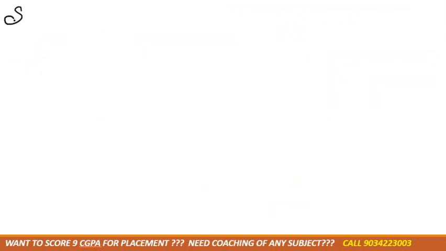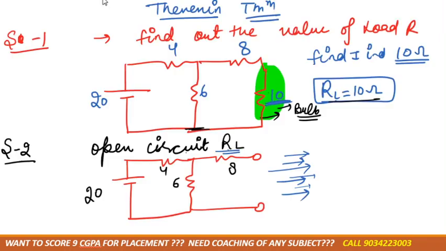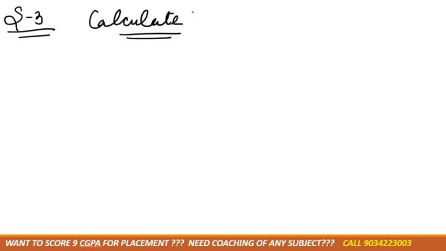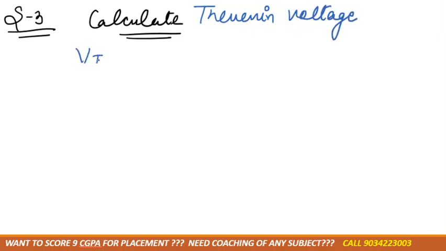Okay. Now in step number 3, as Thevenin is a scientist, on the basis of his theorem, he said now you need to calculate the Thevenin voltage. Thevenin voltage is denoted by VTH.